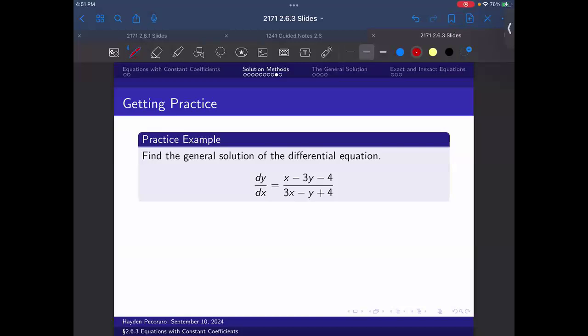Does that make sense? You have the first one is H, the second one is a constant. How did you solve it?